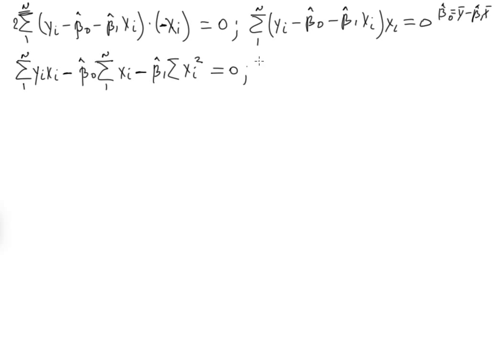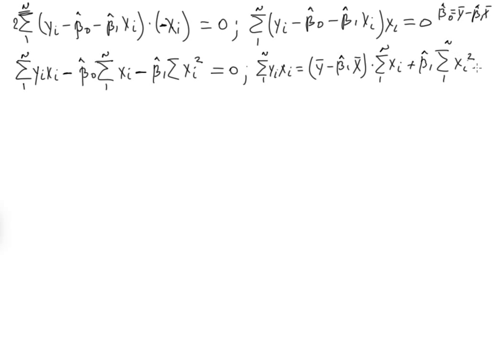So we'll plug that into this equation as well. The sum of yi xi equals, now I'll do this substitution here. So this will be y bar minus beta 1 hat x bar. Notice that I just substituted beta 0 with this expression, times the sum of xi from 1 to n, plus beta 1 hat times the sum of xi squared, 1 to n.